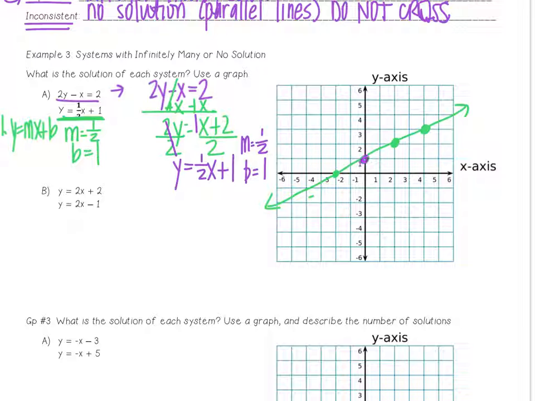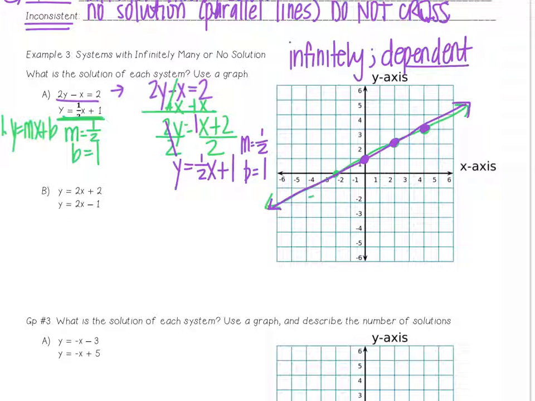So we're going to go up 1, and then rise 1, run 2. And what you'll notice is that my lines are actually the same line, which means this has infinitely many solutions. And if they asked you to classify it, you would say this is a dependent system.